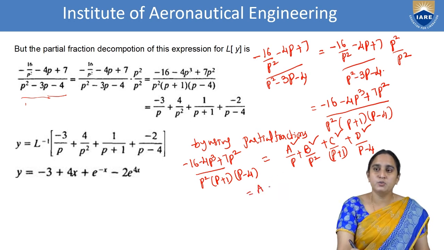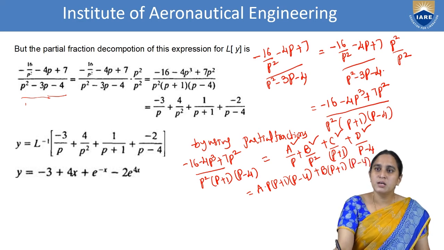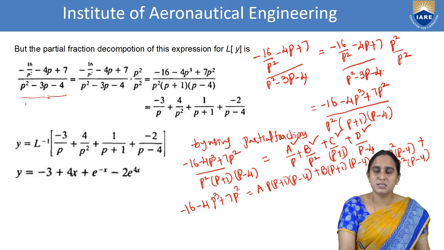That is A into p plus 1 into p minus 4 plus B into p plus 1 into p minus 4 plus C into p square into p minus 4 plus D into p square into p minus 4. Both sides denominators cancel and the remaining is minus 16 minus 4p cube plus 7 into p square.